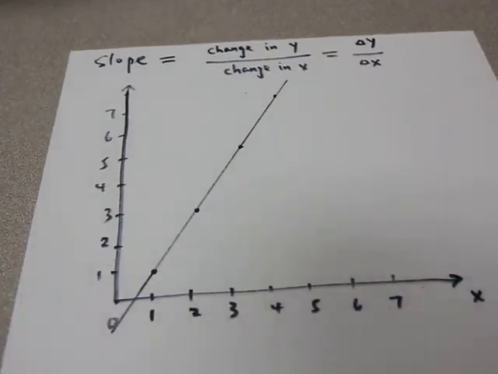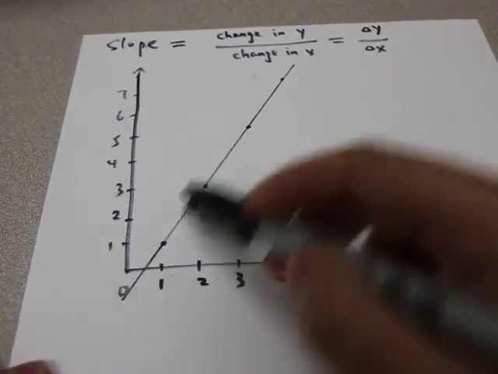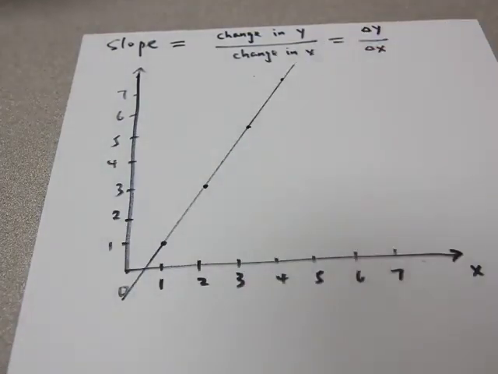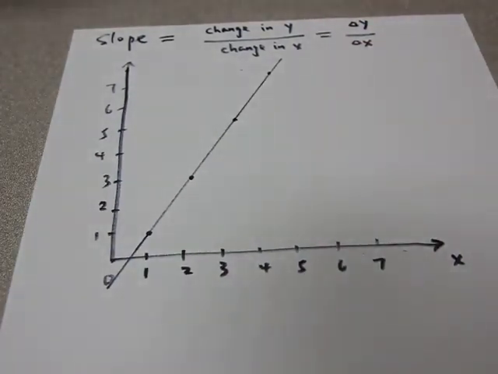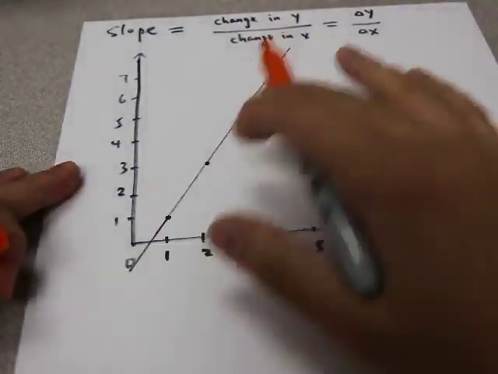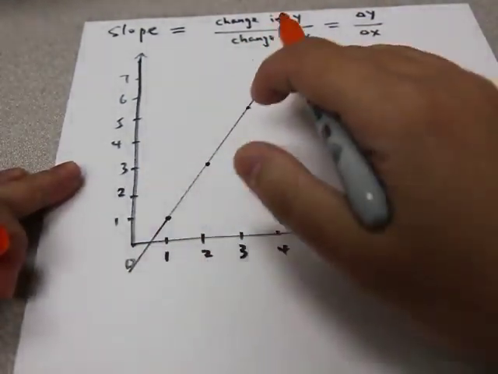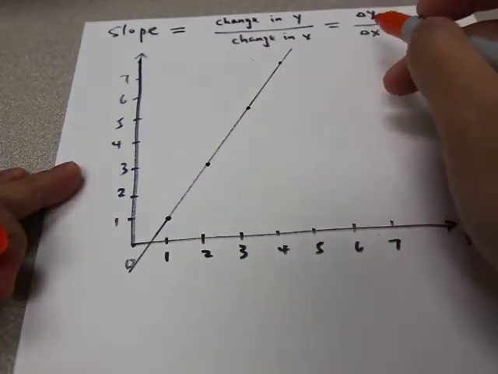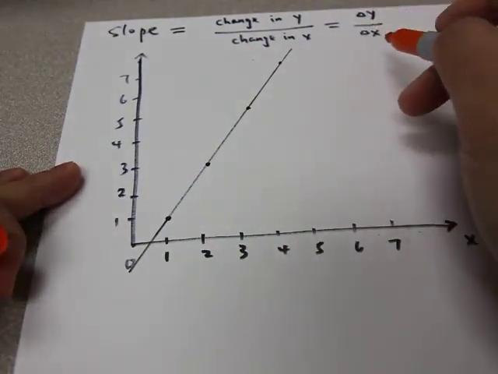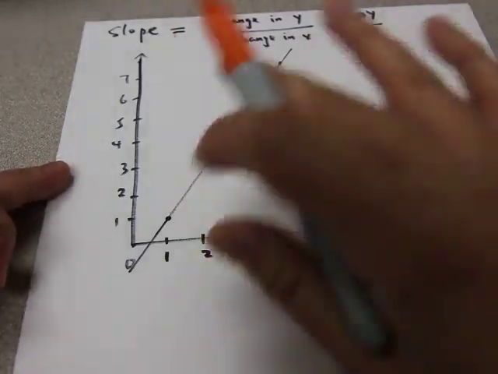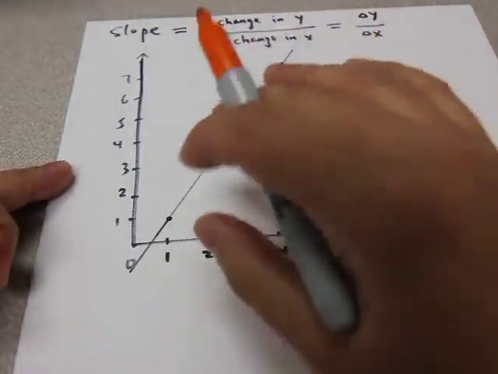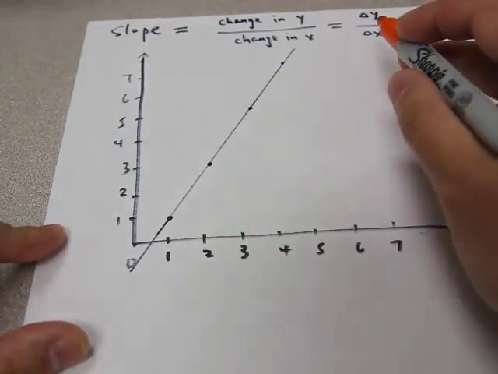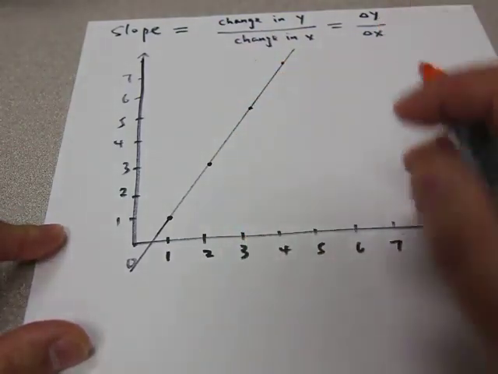So what this means is, here we're given a graph of a straight line. If I pick any 2 points on this graph and figure out the ratio of the change in y to the change in x, you will see no matter which 2 points I pick, this ratio is always a constant.